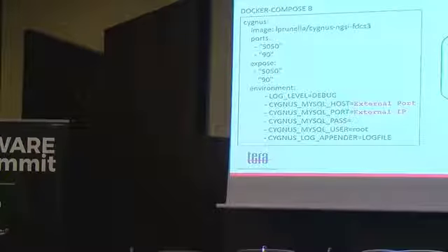So what do we do? In the Docker Compose of Cygnus, we can insert two environment variables, and we can set the MySQL host and MySQL port. Automatically these values will be set in the configuration files of Cygnus.